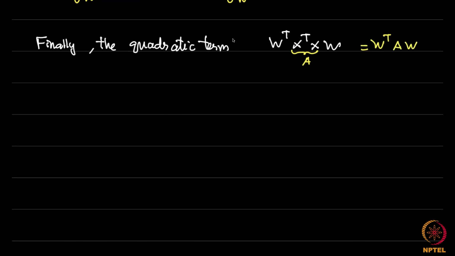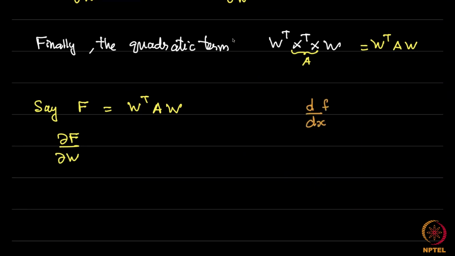Okay, now let's say F equal to w transpose A times W. We want del F del W. The way we will do it is using something like the chain rule. So you know that the chain rule works this way. If you have, let's say, d by dx of f of x multiplied by g of x, the way we do it is we first differentiate this assuming g is constant, then we differentiate it assuming f is constant, and then add the two.